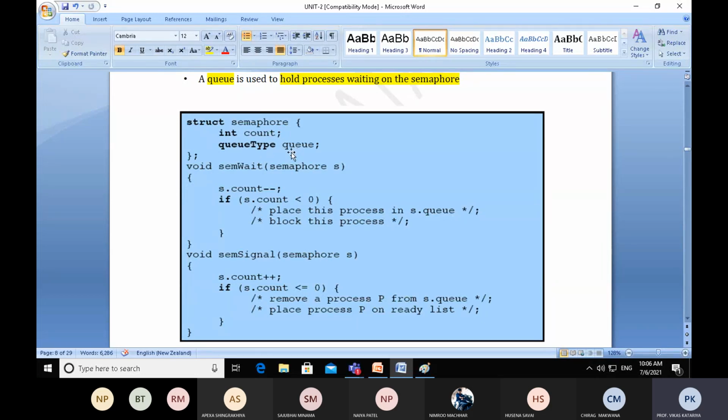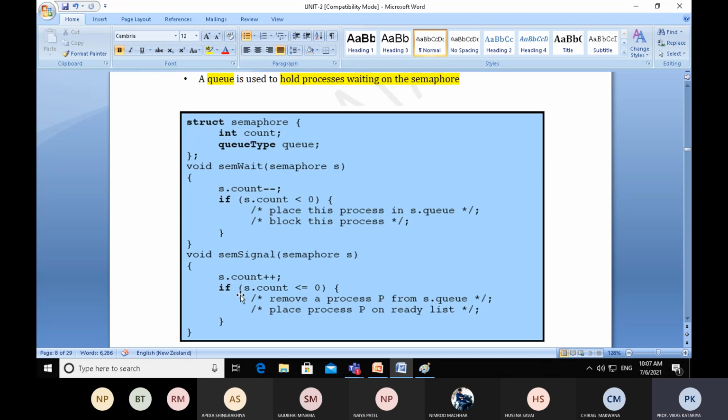It is always initialized to non-negative values by the initialization function, and if the seam signal function is called by a process, then it always increments the value of the semaphore. So here we have to do count plus plus because it is a member of the semaphore structure. We have to call it by the variable s dot count plus plus. So this is how we increment the value of the semaphore.